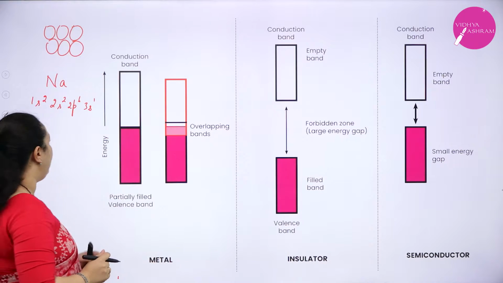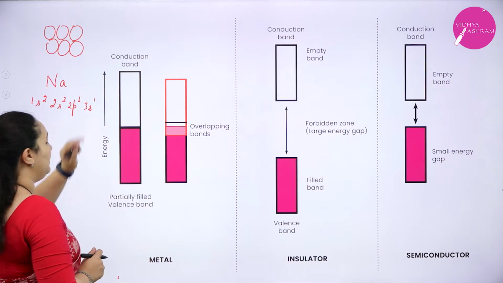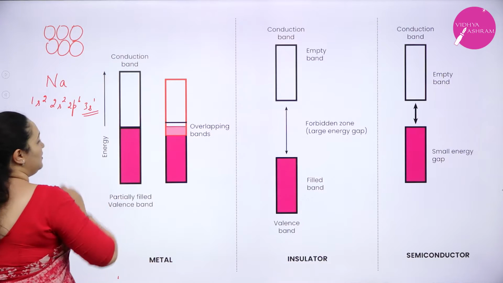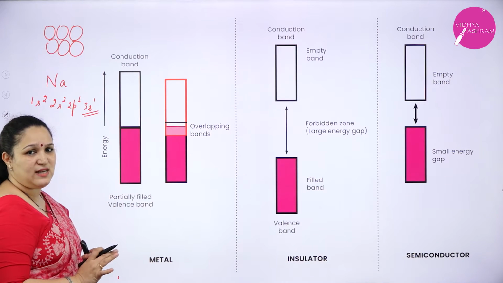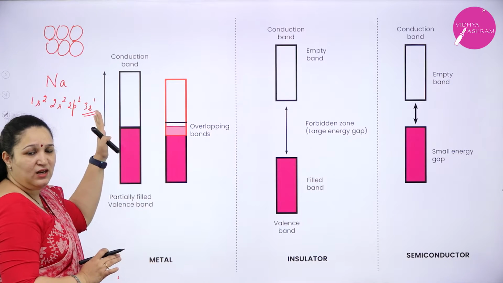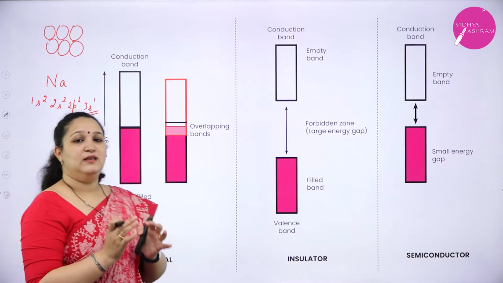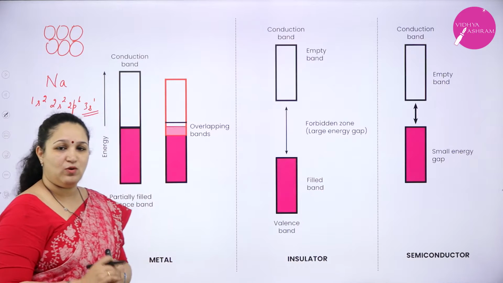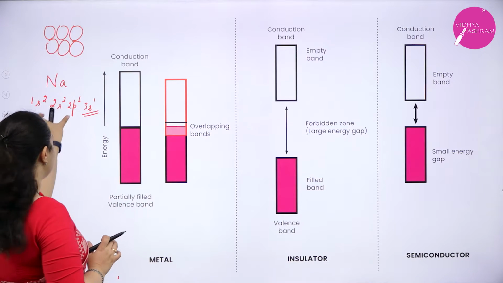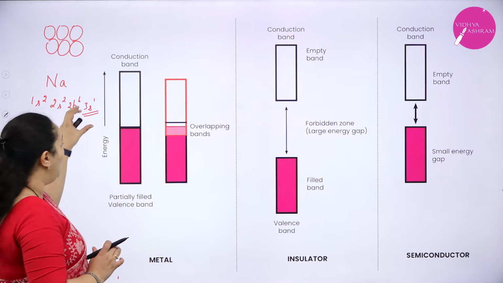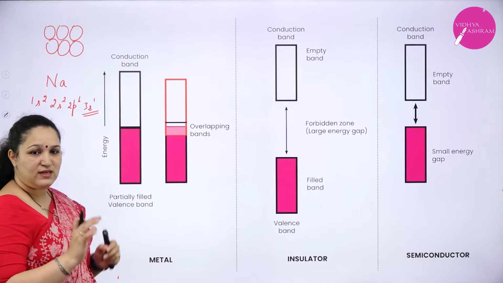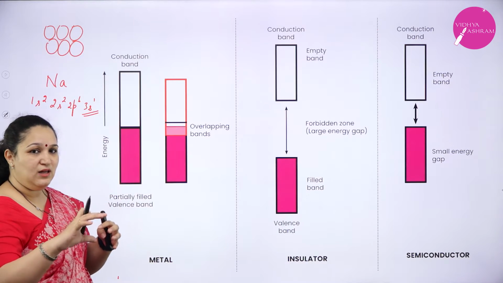Atomic number is 11. So in the third shell there is valence electron. So this shell will be included in the valence band. This is undisturbed, we are not going to touch this. Only the shells where valence electrons are present will be included in the valence band.